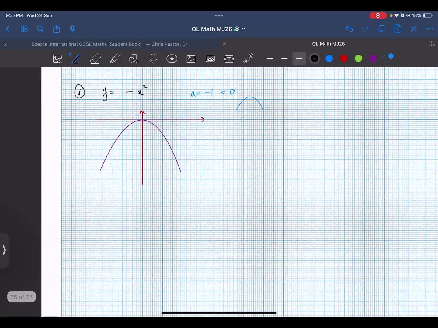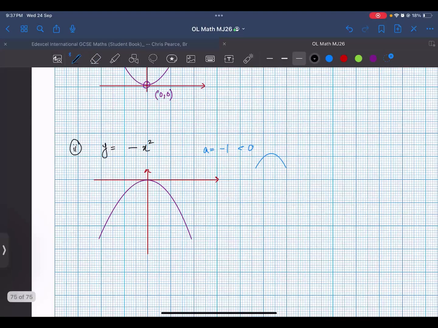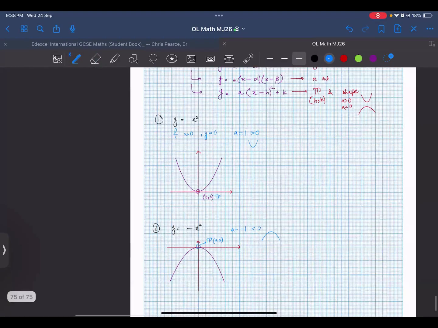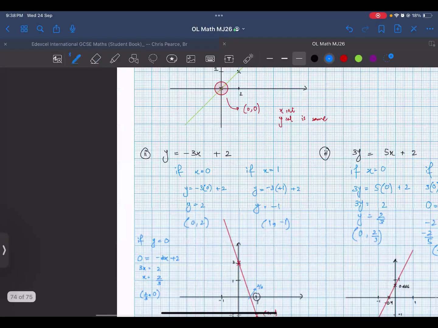So these are the two most basic ones: y is equal to x square and y is equal to minus x square. And you can see the turning point, the y-axis, the x-intercept, the y-intercept, all are the same. Just like over here, the most basic was y is equal to x. Now the most basic in quadratic is y is equal to x square.